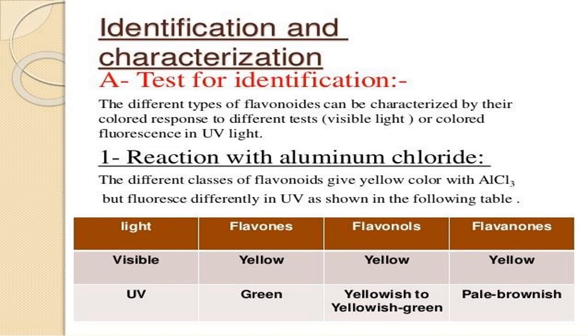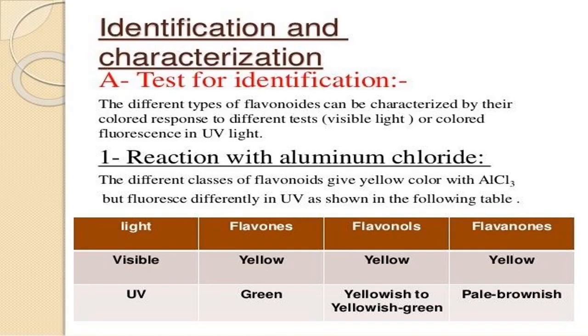If the ketonic group is there, that will come under flavonones, and then flavones. Flavones are a different category, and flavonols have a hydroxyl group. So in visible light, flavones will behave and give the yellow color.